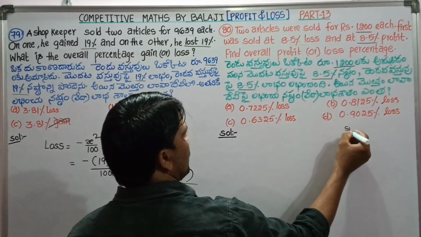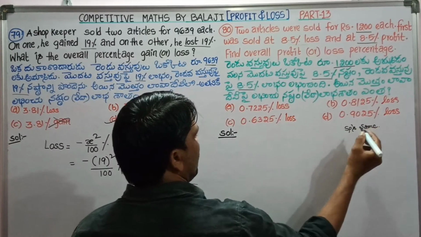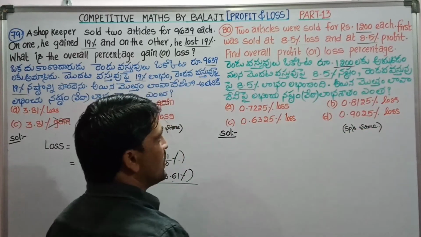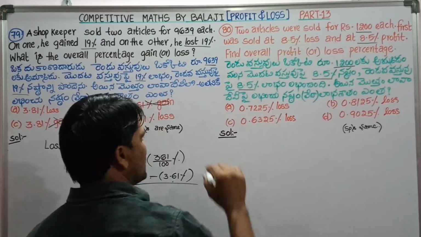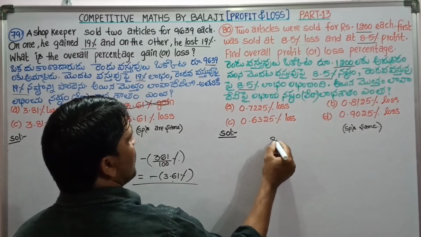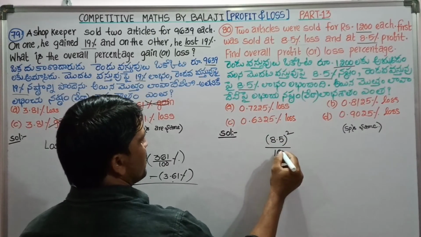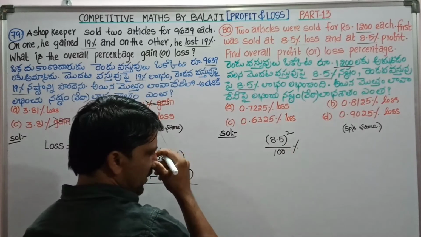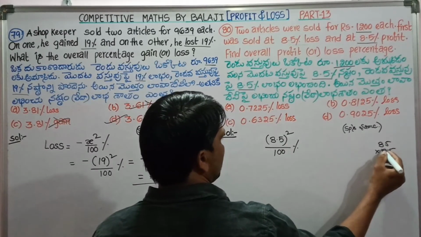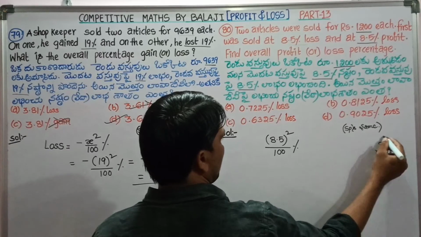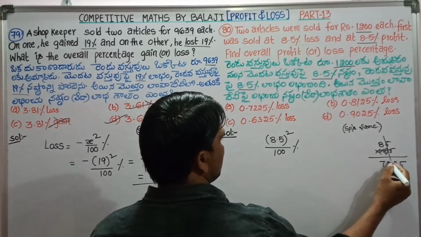Here also SPs are the same and profit percentage on the second article is numerically equal to loss percentage on the first article. So loss is 8.5 whole square by 100%. 85 square, see 85 into 85. 5 5s are 25, 8 9s are 72.